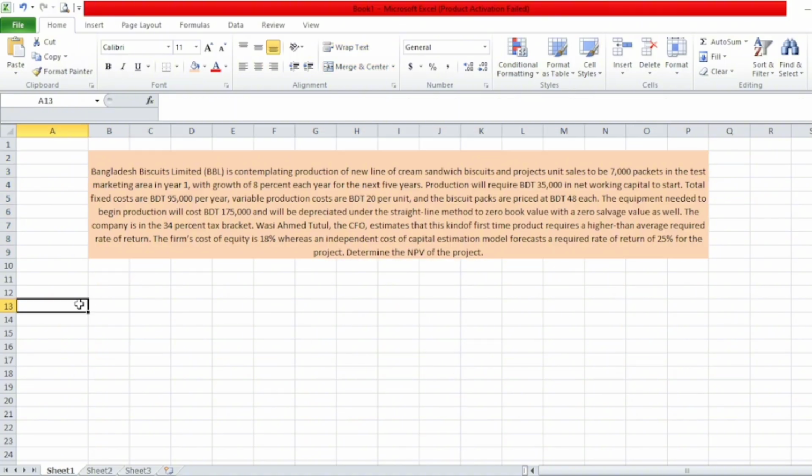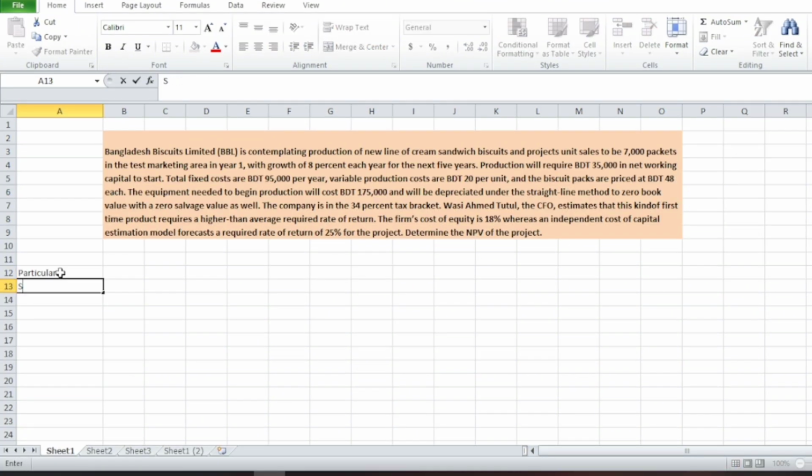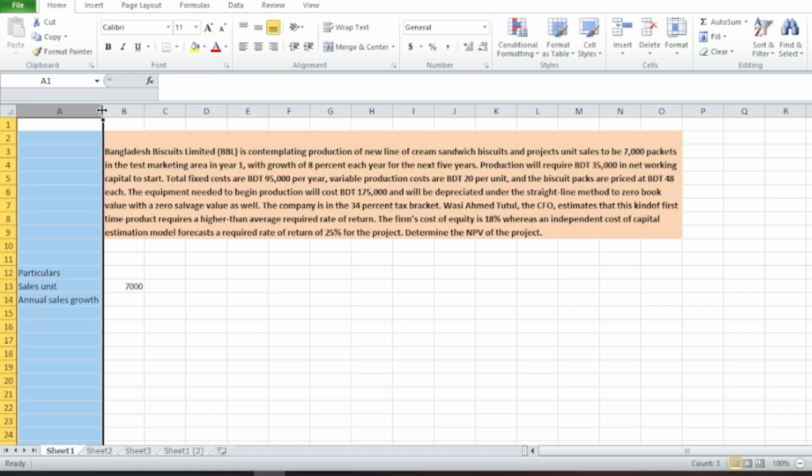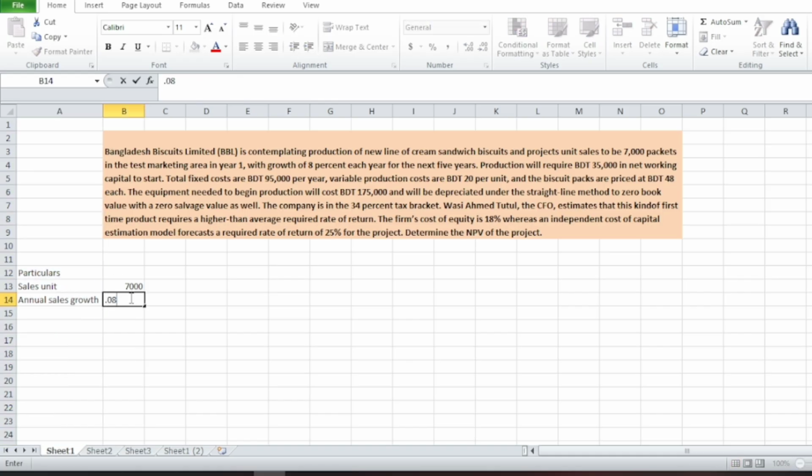So let's start. First we have the sales unit, which is 7,000. Then we have the annual sales growth, which is 8%, keeping it as a decimal.